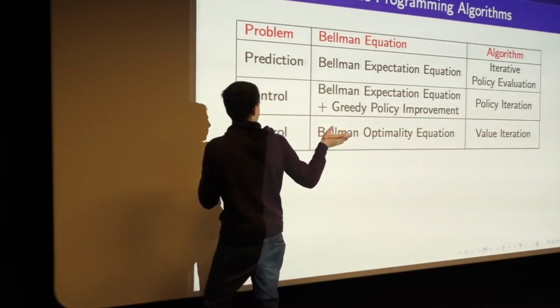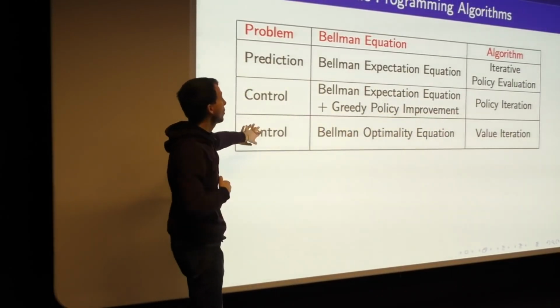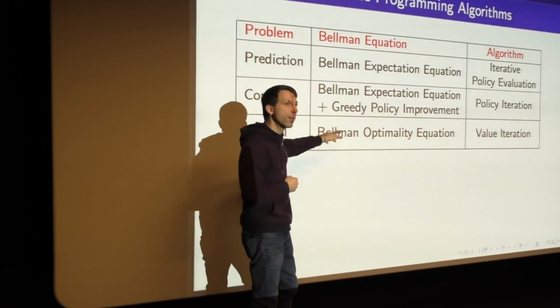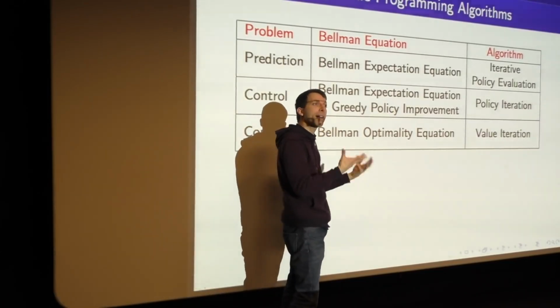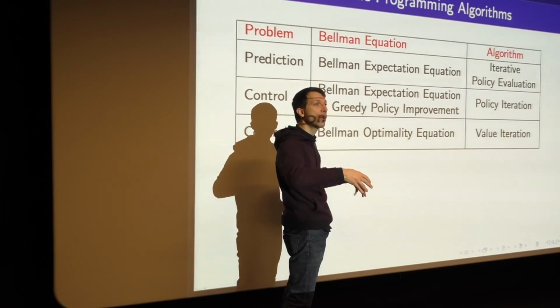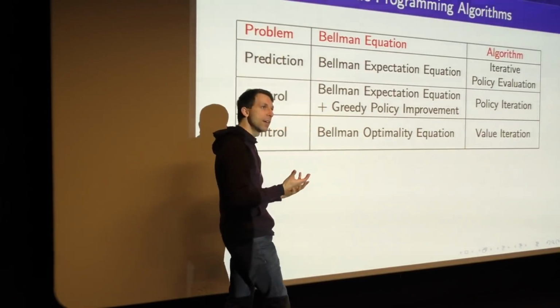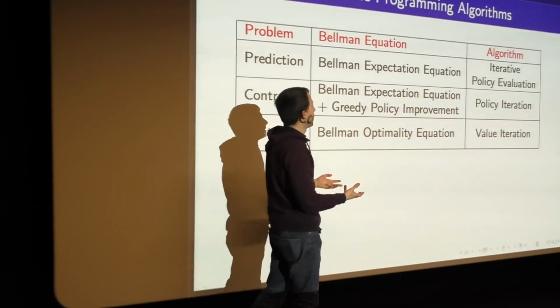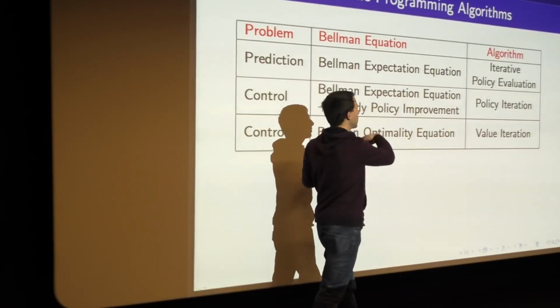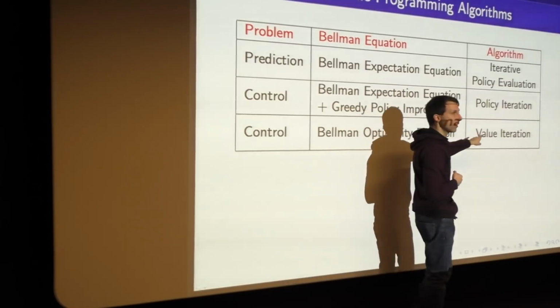And then finally, we moved on to the value iteration algorithm, again addressing control. The Bellman equation we look at now is the Bellman optimality equation, with the max in the equation, which tells us how V star relates to itself, how the maximum reward you can get out of this MDP recursively relates to itself. When we turn this into an iterative update, we end up with value iteration.